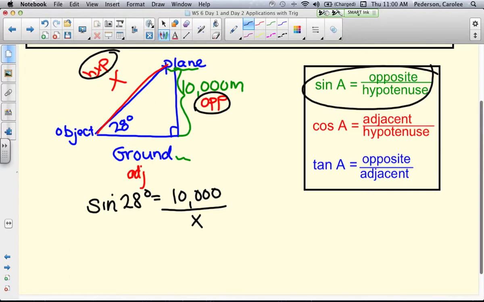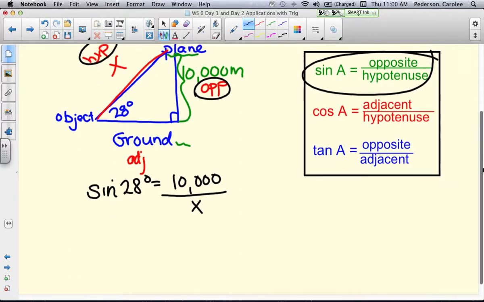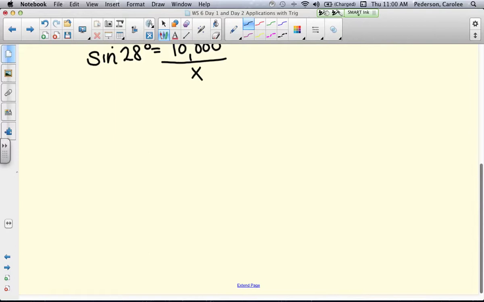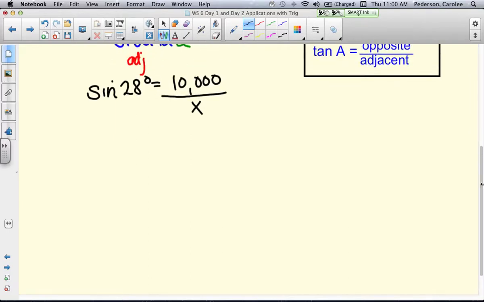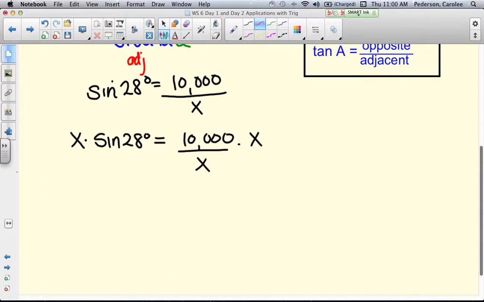And now we're going to solve this equation for x. So we'll multiply both sides by x to remove that x from its denominator. And the x's are going to cancel out. And we're left with x times the sine of 28 degrees equals 10,000. And then we want to remove that sine of 28 degrees from the left.